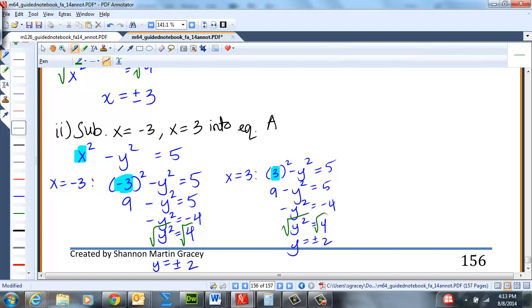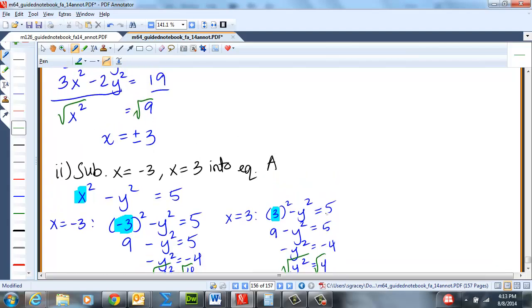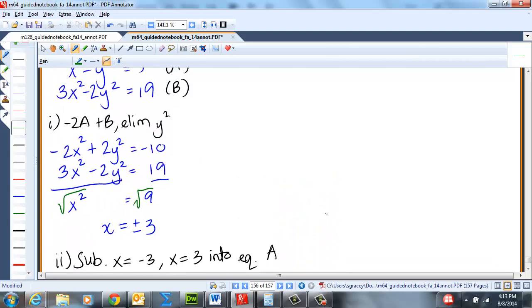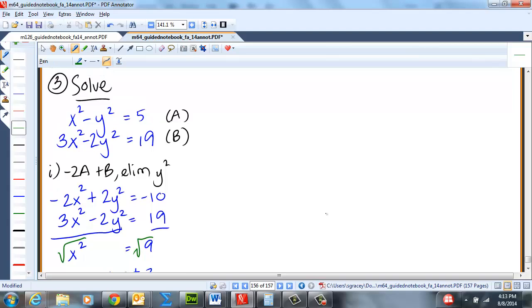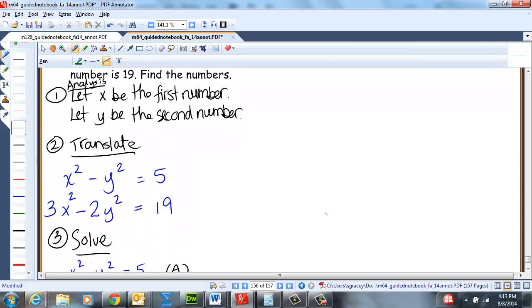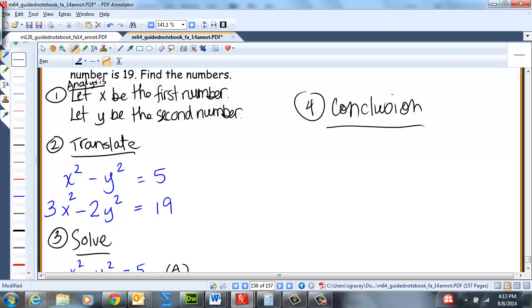So what did we find out? You end up with 4 possibilities, right? So for our conclusion here, do it at the top. Conclusion.